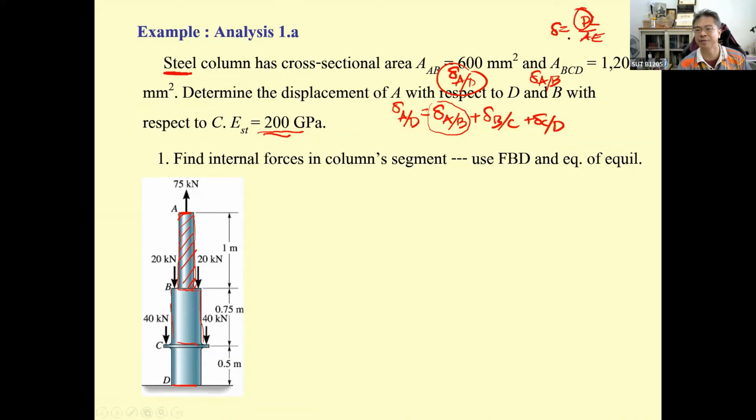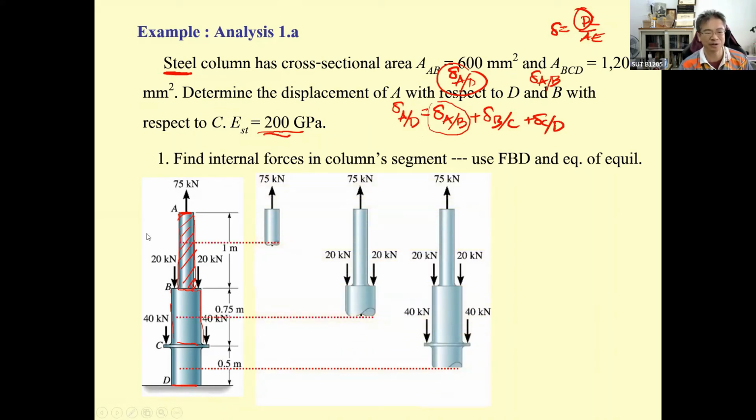We have to determine the internal axial load in each portion of the column. For the first one, you just cut it, and I recommend you start by setting up the reference axes X and Y, then draw the first portion, and then the second portion.